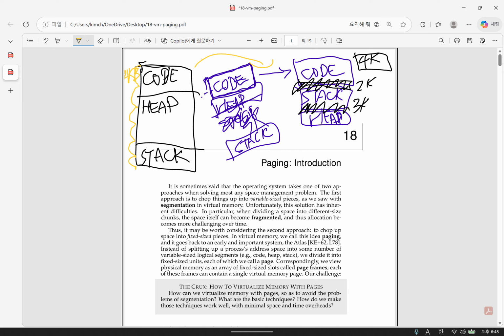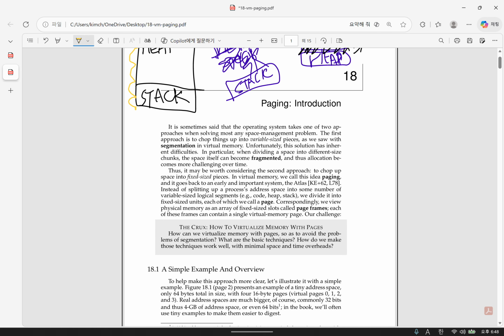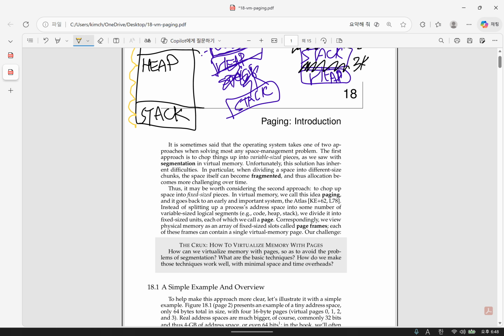This is the method that, to be honest, to me just made the most sense, because when I first learned segmentation, I was like, what were they thinking? But segmentation is just one method that was used historically, and later on we're going to learn the segmentation and paging hybrid approach, where we use both.